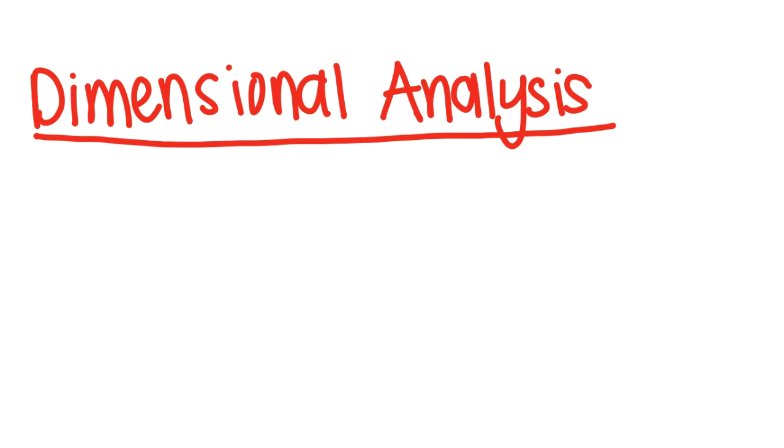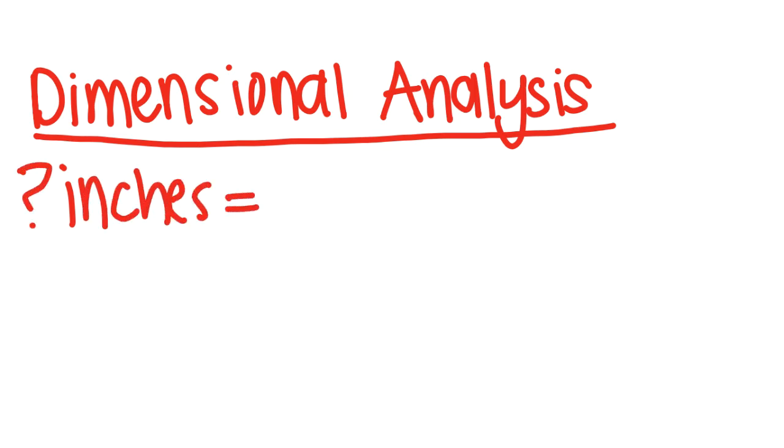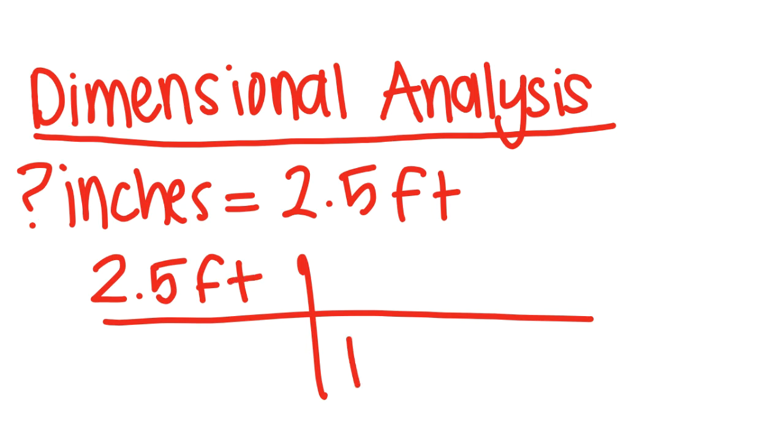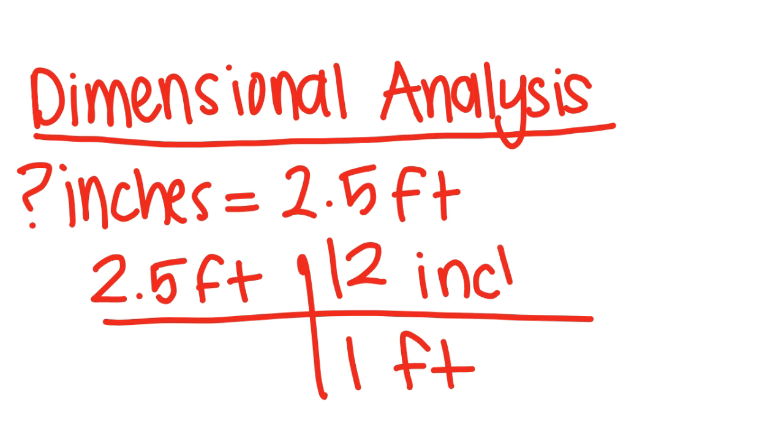Dimensional analysis is basically just a fancy way of saying that when I do conversions, my units need to cancel. So if I wanted to do how many inches are in, let's say, 2.5 feet, that means I start with 2.5 feet. 1 foot is 12 inches.